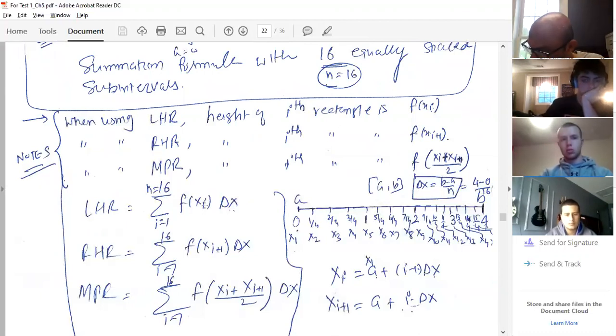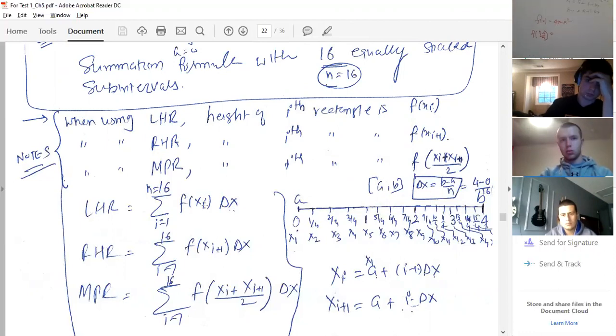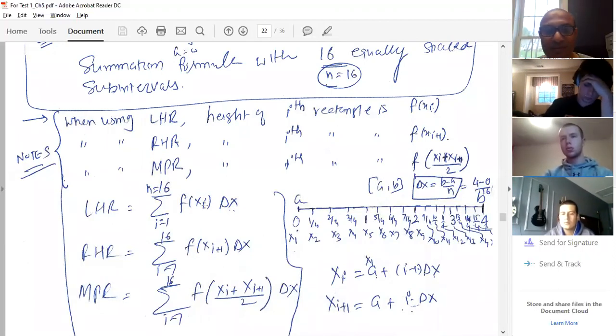So f of (i minus 1) divided by 4. Means throughout this function, left and right side, I have to replace this x by (i minus 1)/4. See, every time this i minus 1 part is bothering us, whether we are using left hand rule or right hand rule.